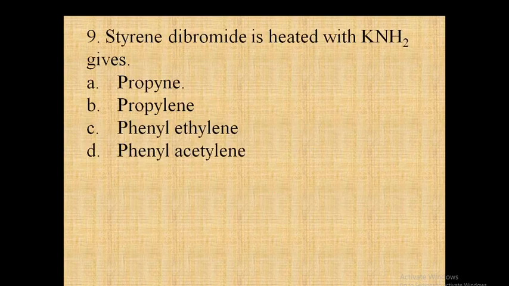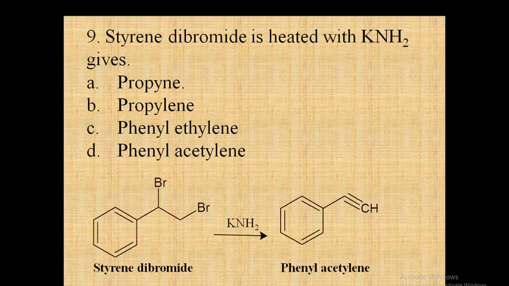Now, styrene dibromide is heated with KNH2, potassium amide, gives what? Propyne, propylene, phenylacetylene or phenylethylene. Let's see the reaction first. What does styrene dibromide give when reacted with potassium amide? So here is the styrene dibromide, and this is KNH2, potassium amide. It's a very strong base, and therefore two successive elimination reactions take place.